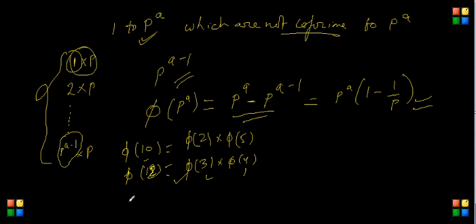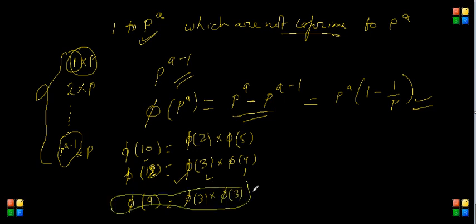However, if I consider a number like phi of 9, which has only one prime number, of the form 3 square, I cannot write it as phi of 3 into phi of 3. This is wrong, because 3 and 3 are not relatively prime to each other.